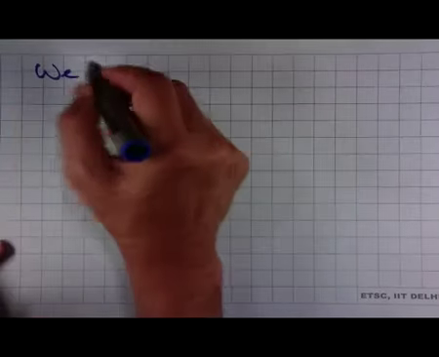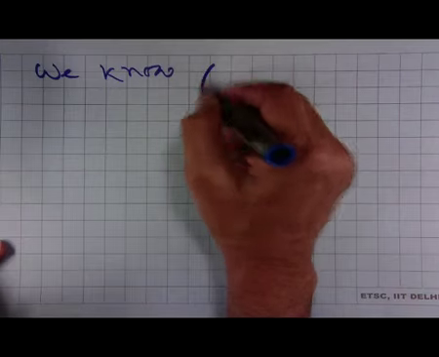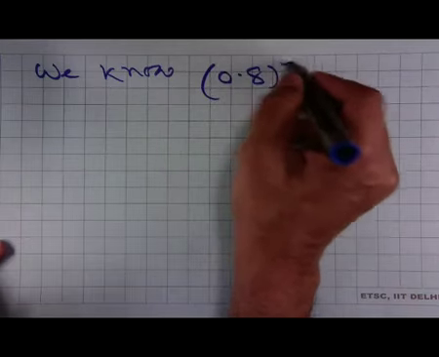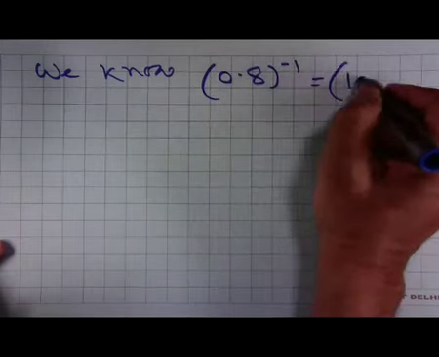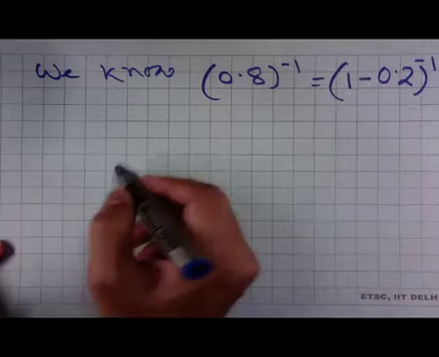We know (0.8) inverse is equal to (1 minus 0.2) to the power minus 1.